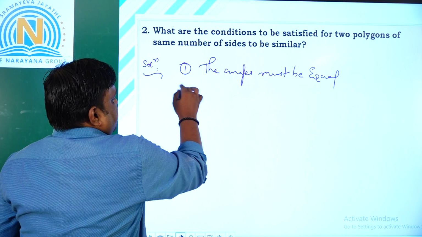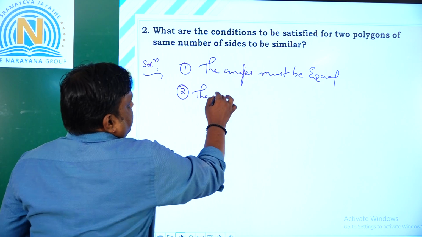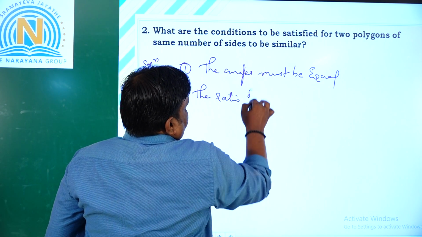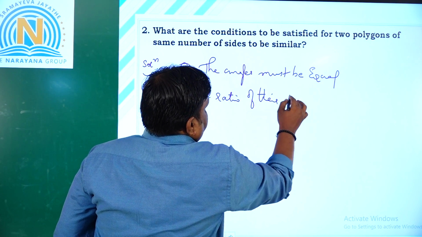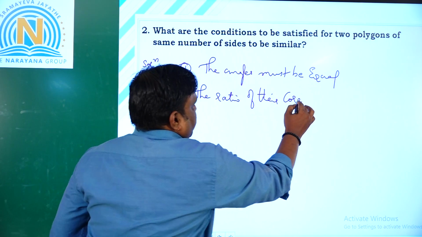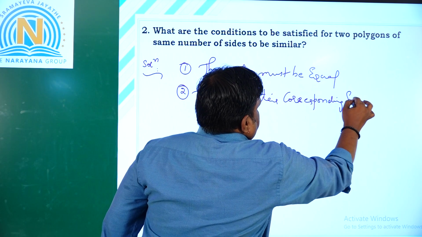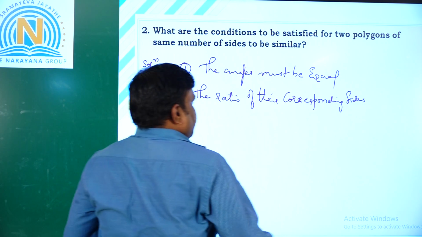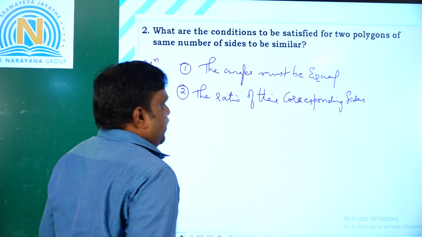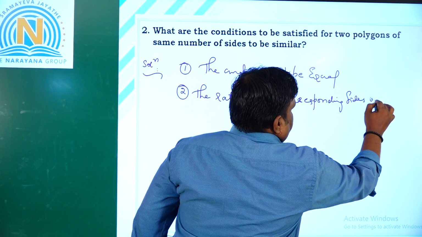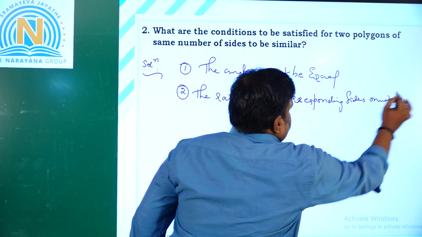And the second is the ratio of the corresponding sides. The corresponding sides must be proportional. Proportional means the ratios must be equal.